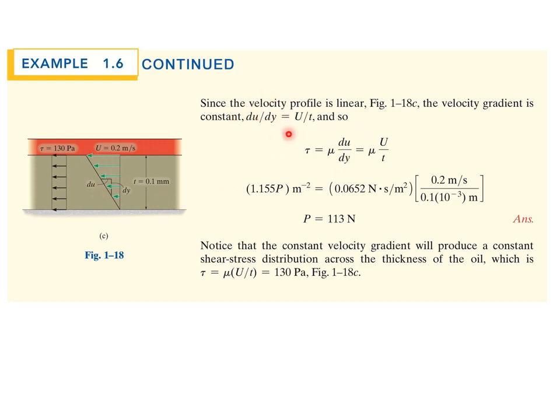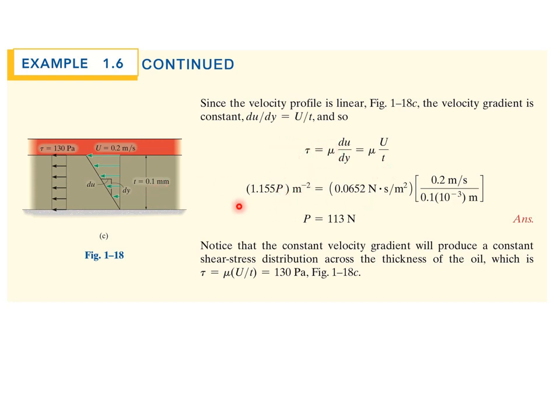So here we're going to replace this derivative by average values. So instead of du/dy, we're going to use delta u over delta y. Well, delta u is the velocity, 0 down here and its maximum up here. So the delta u is 0.2 meters per second. The thickness is this 0.1 millimeter.